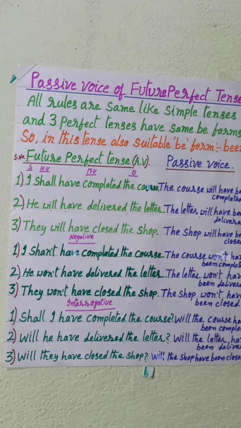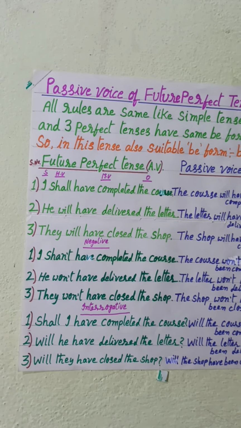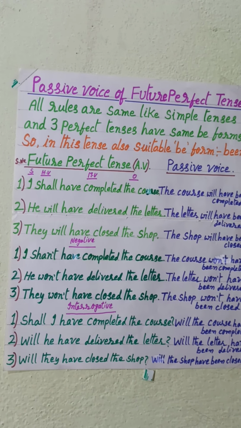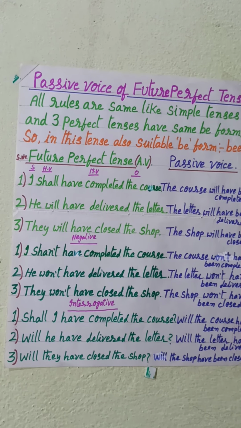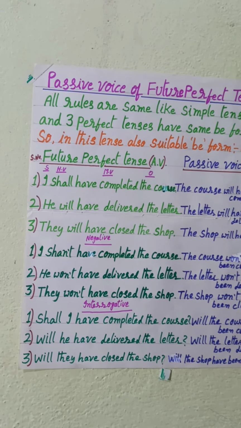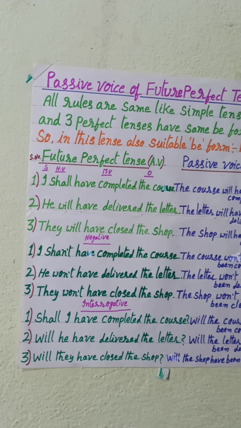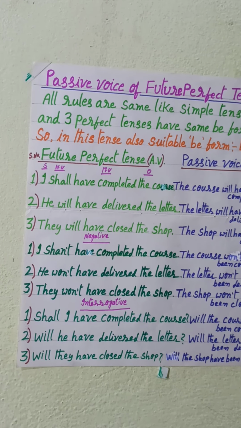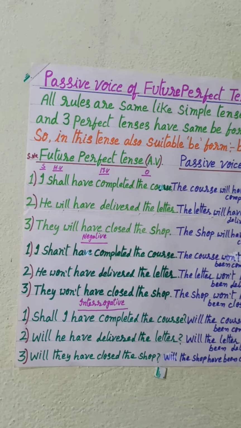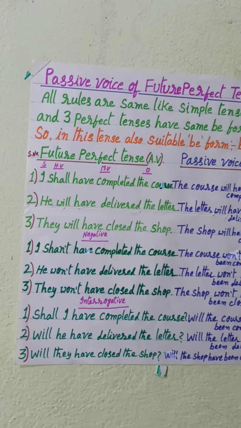Third sentence, for example: corona has been increasing day by day. So here we think that the shop, a supermarket, will have been closed by next week.